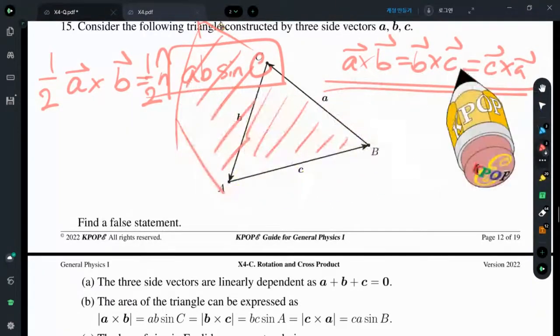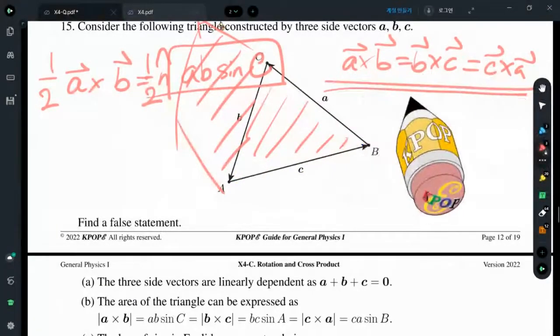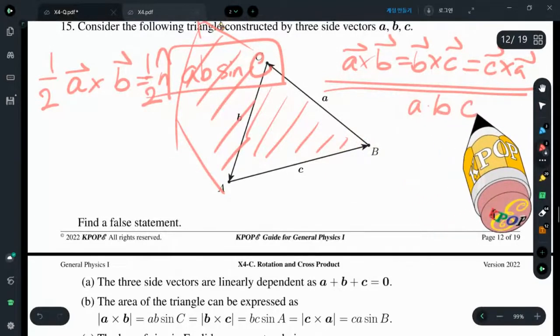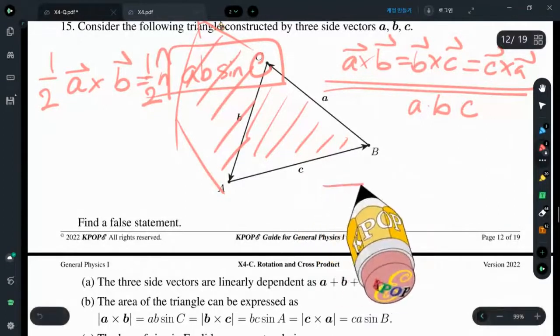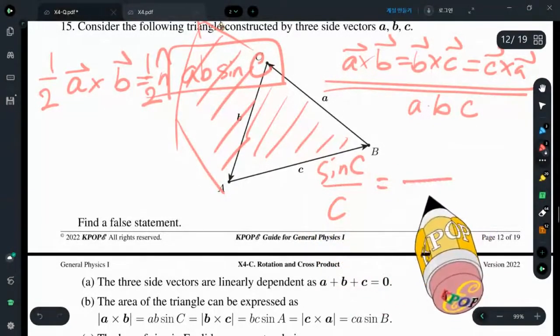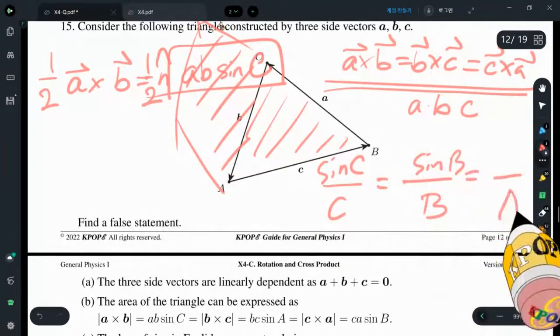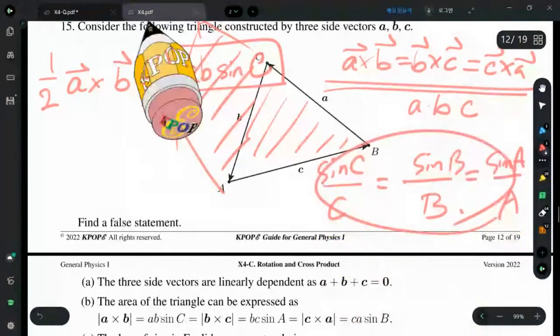If I divide these identities in turn by A times B times C, what we obtain is the sine law.